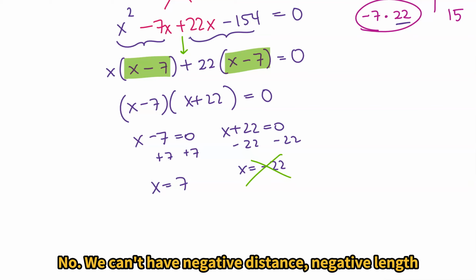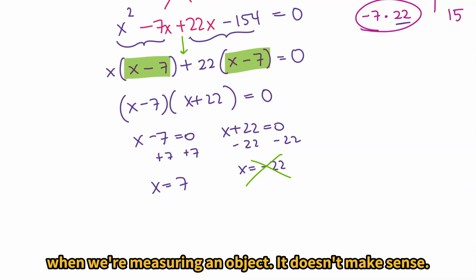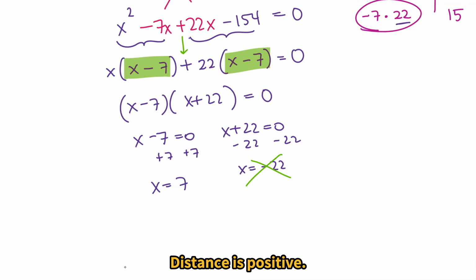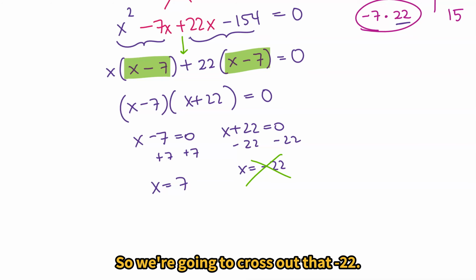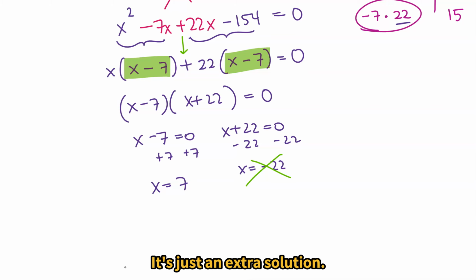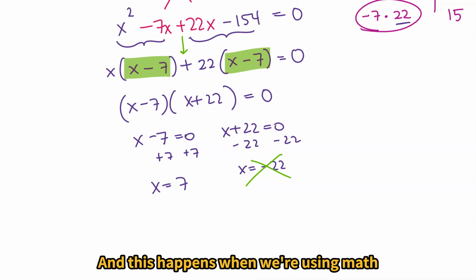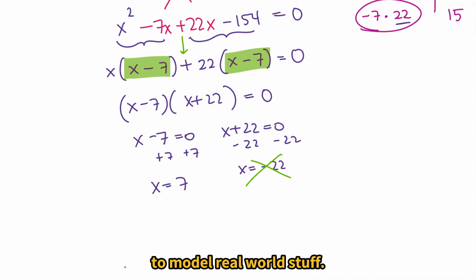No. We can't have negative distance, negative length, when we're measuring an object. It doesn't make sense. Distance is positive. So we're going to cross out that negative 22. It's just an extra solution. And this happens when we're using math to model real-world stuff.